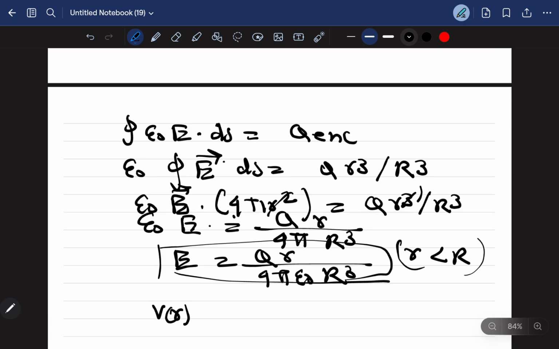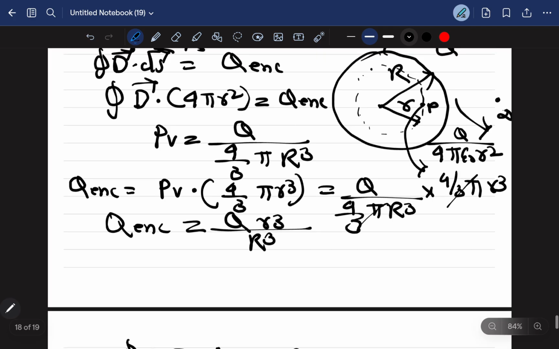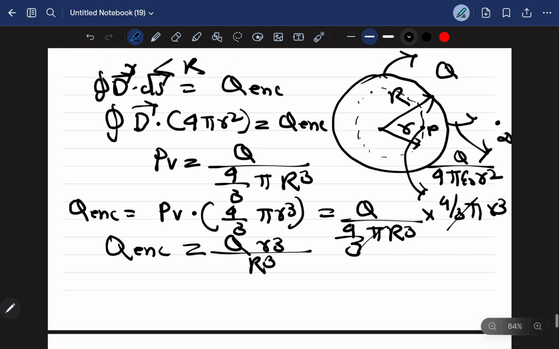So you see at the surface of this sphere there is a discontinuity of the electric field function. So we have to calculate the potential or the work done from infinity to the surface to bring a unit positive charge, and then again from the surface to this point inside, because the electric field is changing its value.